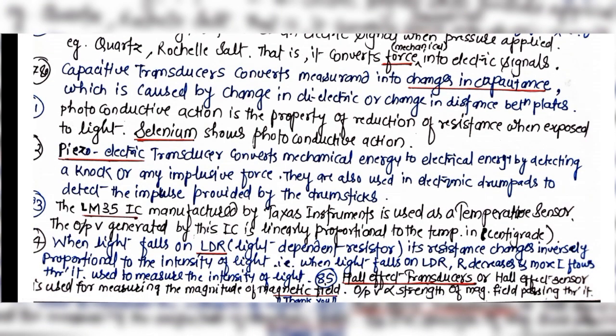The LM35 IC manufactured by Texas Instruments is used as a temperature sensor. The output voltage generated by this IC is linearly proportional to the temperature in centigrade. When light falls on an LDR, light dependent resistor, its resistance changes inversely proportional to the intensity of light.